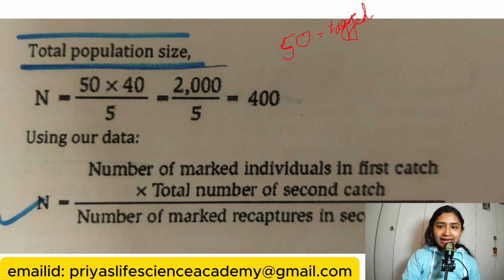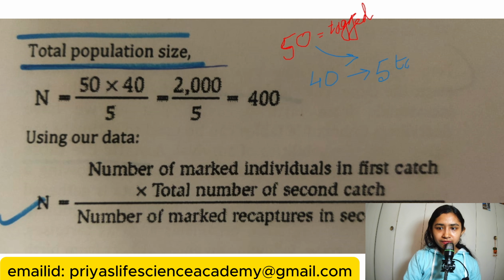Okay, and then you released them in the lake. Then a week later, you went to the lake and resampled again. And now what you got, for example, you resampled 40 fishes, among which 5 are tagged.